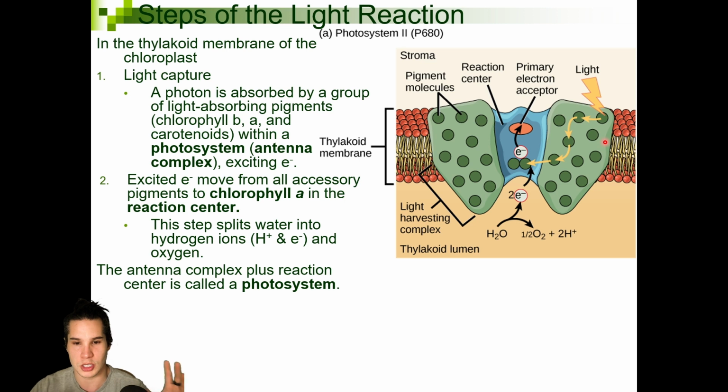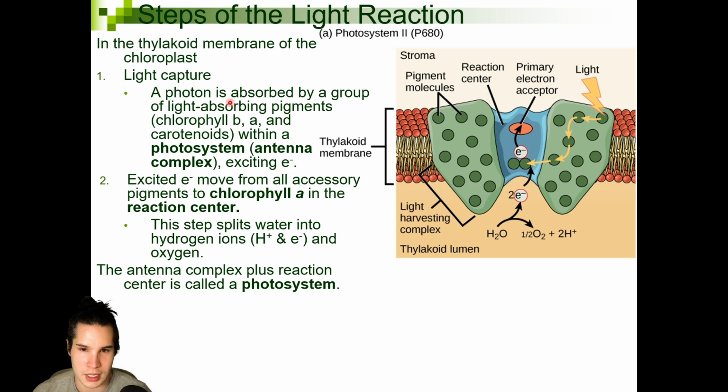It's receiving as much signal as possible by expanding its surface area and funneling all of that signal down into a central point. The same thing happens within your antenna complex. It's capturing as much light as possible of various wavelengths, and it's transferring that energy down into the reaction center.